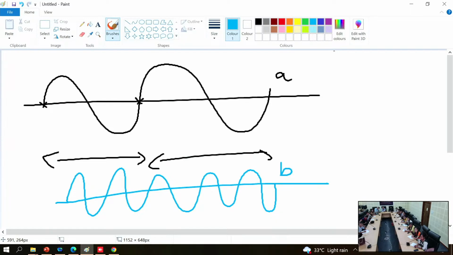A has a larger number of waves in the same location. So if you see, the wavelength is from one crest to one trough. Here it becomes this way. So even though it starts somewhere over here, it ends much before this closes. So the wavelength of this is large. It's a longer wavelength. This is a shorter wavelength. Okay.